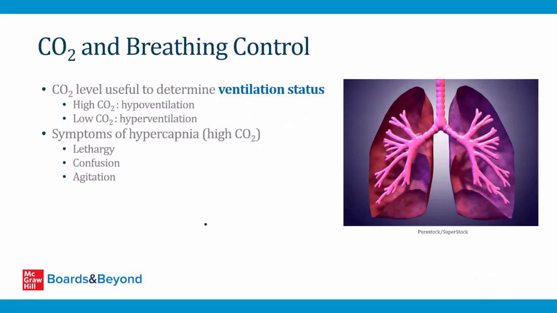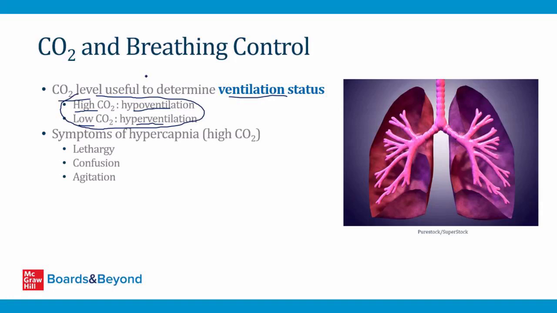So if you know everything I said on the last slide, then it's very easy to understand that the CO2 level is extremely important for determining a patient's ventilation status. If a patient has a high level of arterial carbon dioxide, then by definition, they have hypoventilation. And if they have a low level of carbon dioxide, then by definition, they have hyperventilation. Super high yield thing to understand about pulmonary physiology, how the CO2 level tells you the ventilatory status.